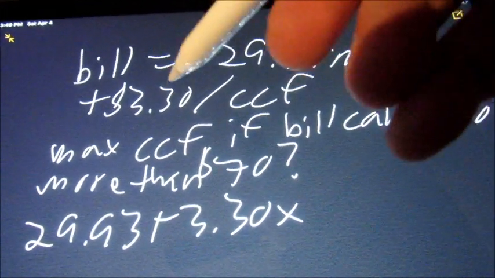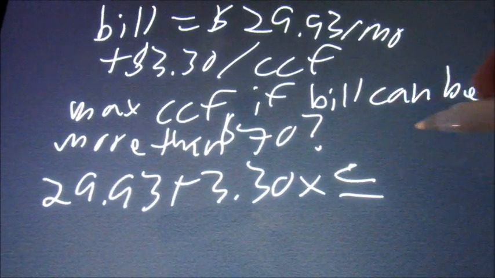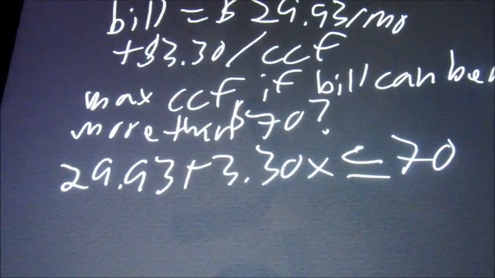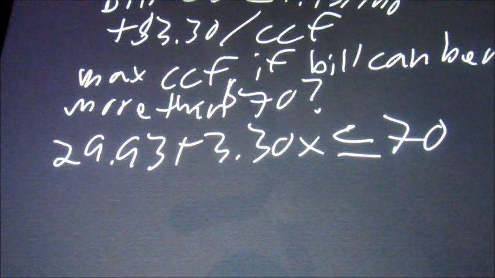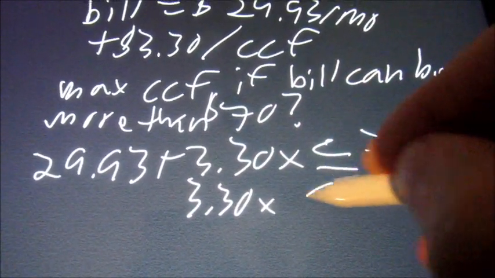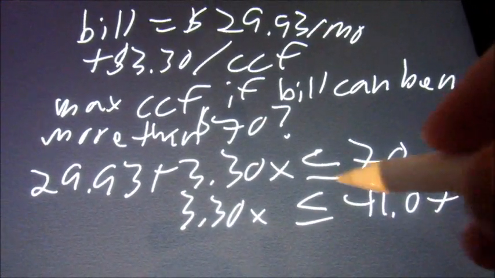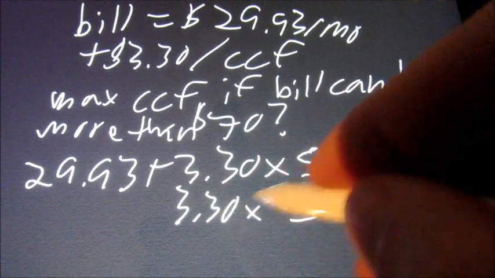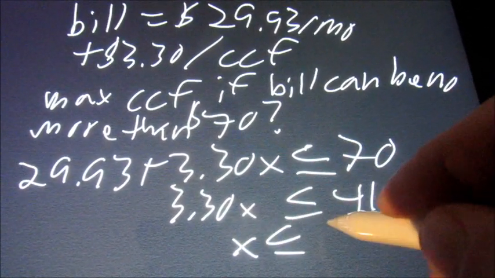3.30x, because we want to know how many CCFs we can do, and it has to be less than or equal to 70. So I'm going to subtract the $29.93 from both sides, get 3.30x has to be less than or equal to 41.07. Divide both sides by 3.3, and x has to be less than or equal to 12.14.